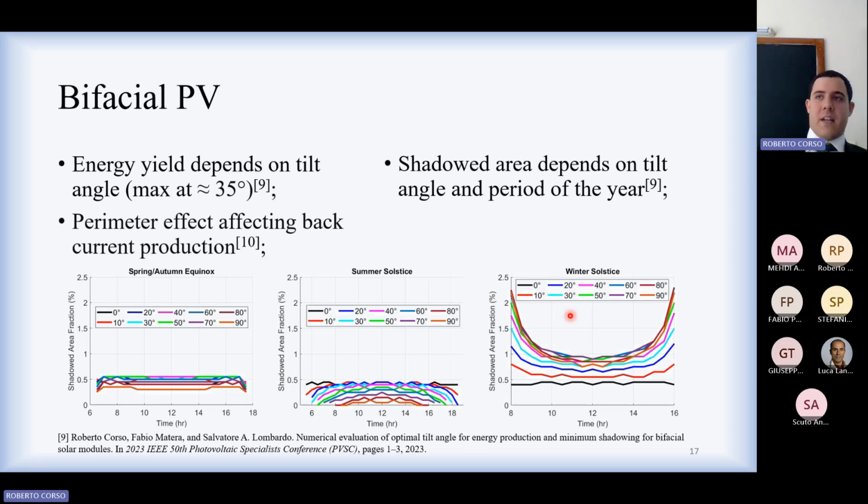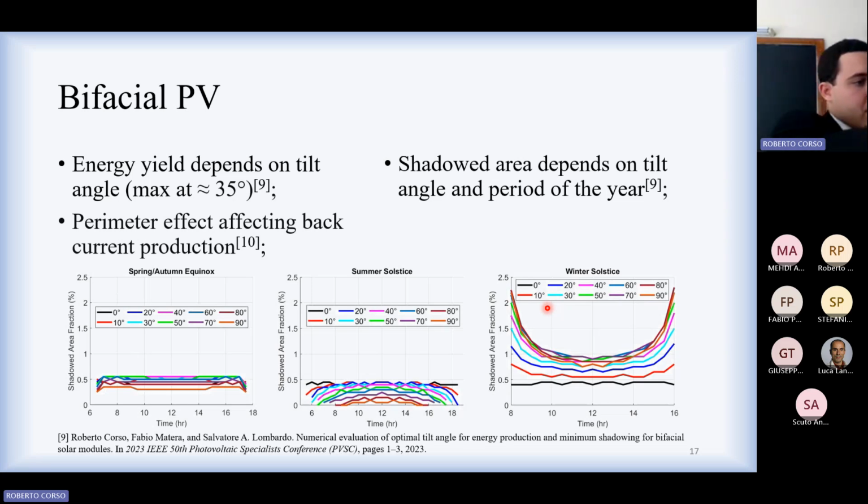So we have an increase in crop production. But of course, especially for seasonal crops, one must pay close attention to where the shadow of the module ends up. So we ran this simulation with the idea of providing some insights on how the shadow is cast by the module.